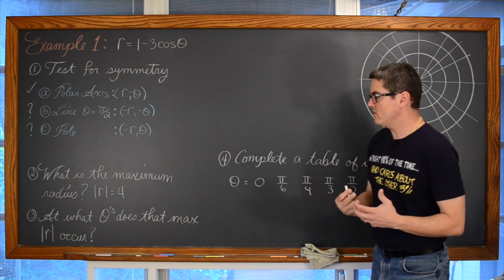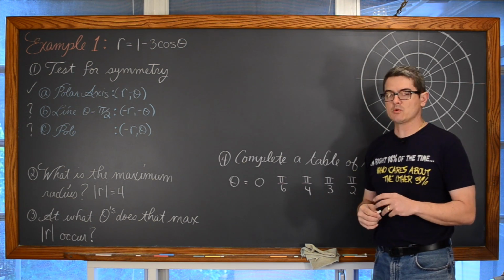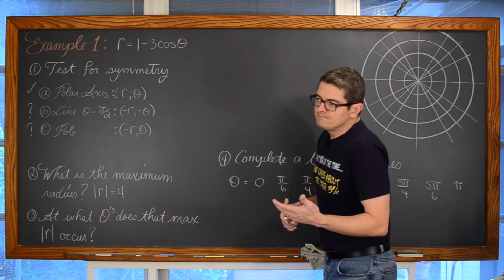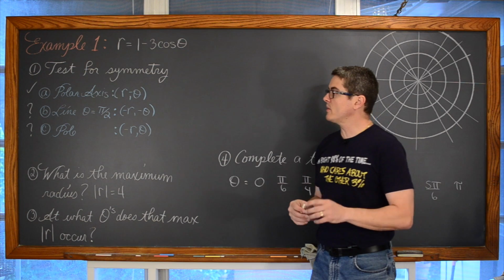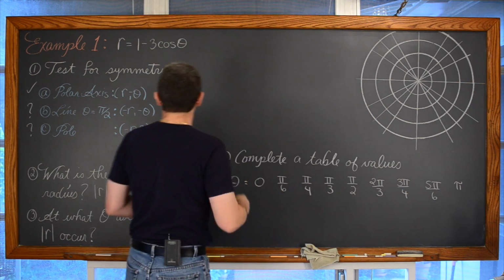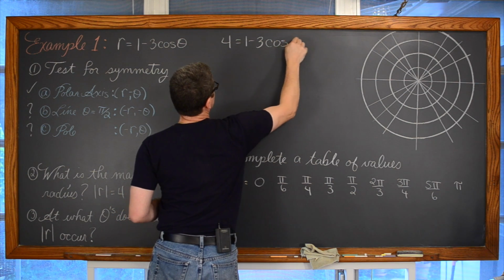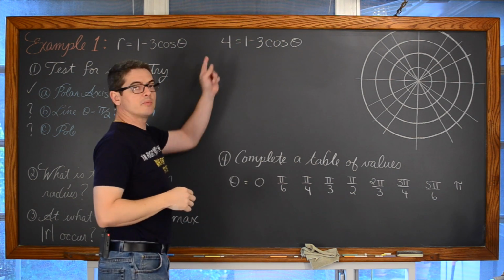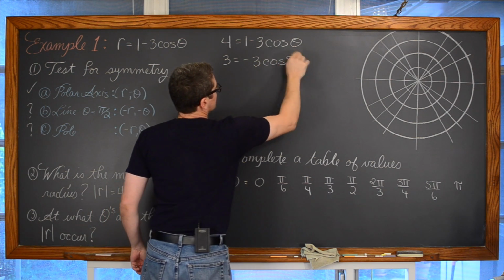And at what values or measurements of theta is that maximum value of r going to occur? This particular step is really convenient when you're graphing roses, but let's go ahead and do it now for the limacon. So we're going to have 4 is equal to 1 minus 3 cosine theta. We're going to subtract both sides by 1 and get 3 is equal to negative 3 cosine theta.